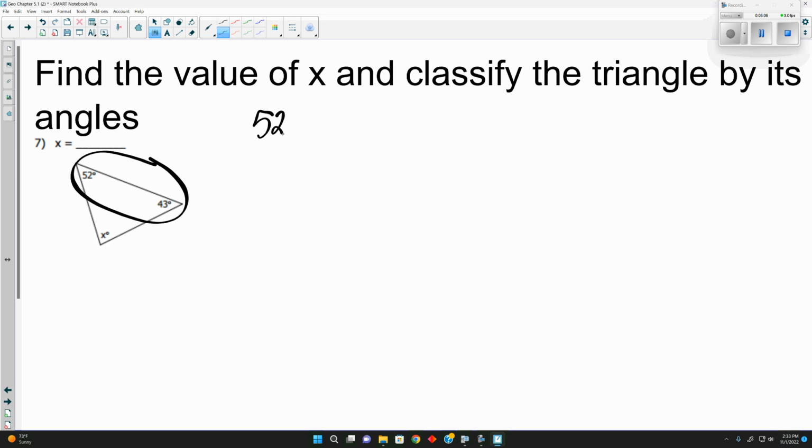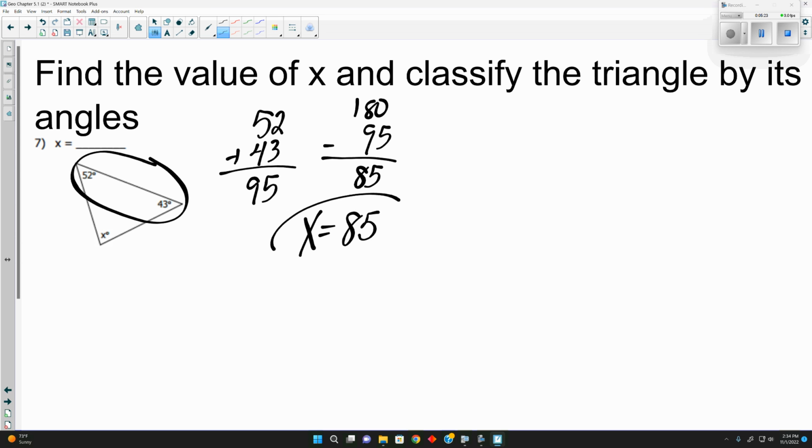So we can say 52 plus 43, and subtract 95 from 180, which is, so x is 85. And this works out nicely since the third angle is just x.